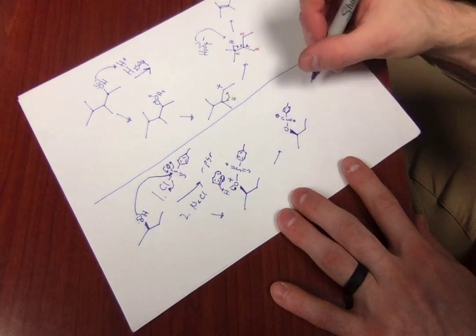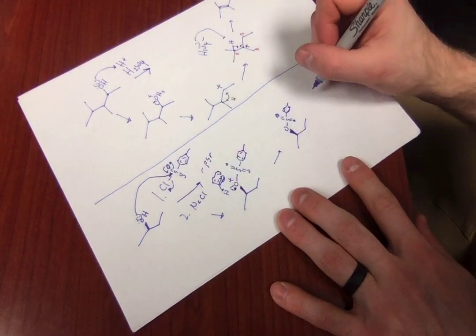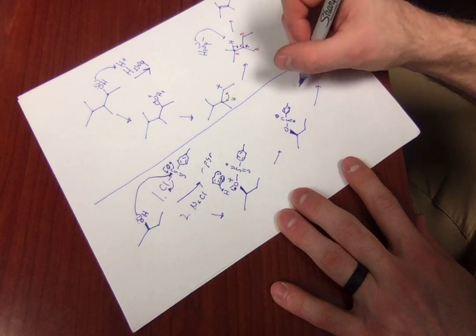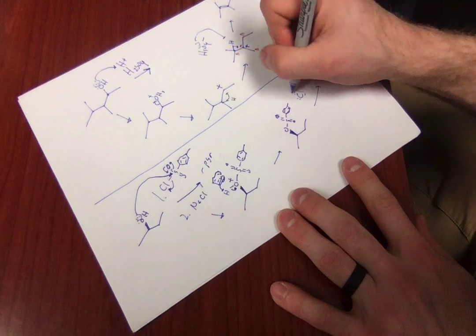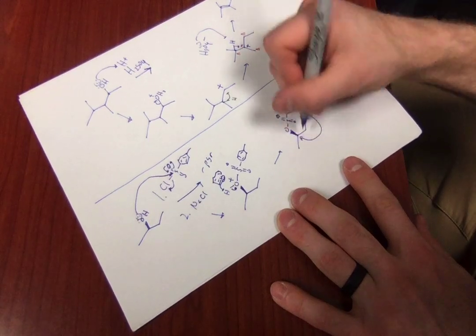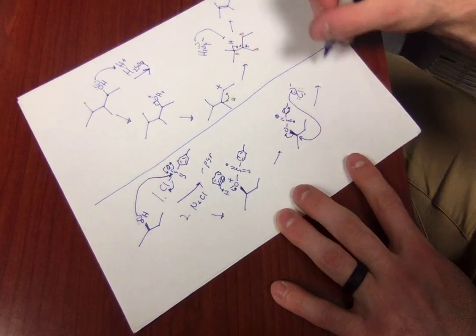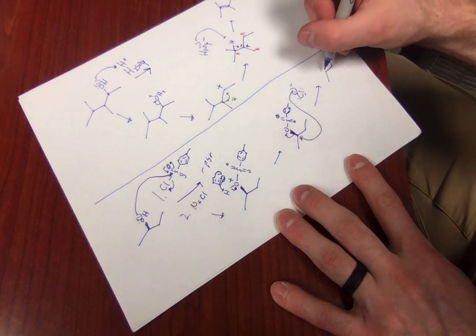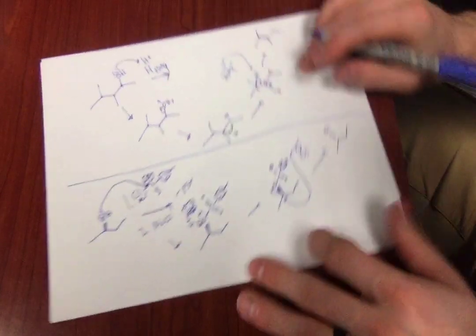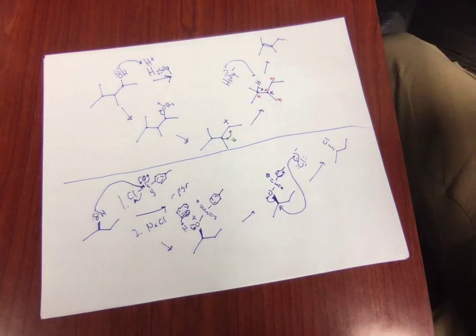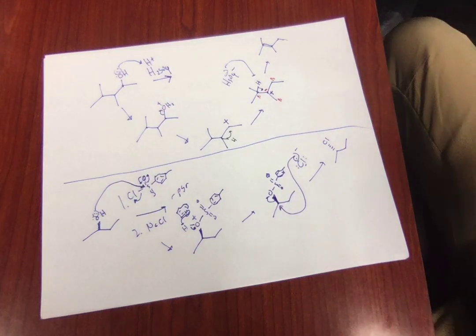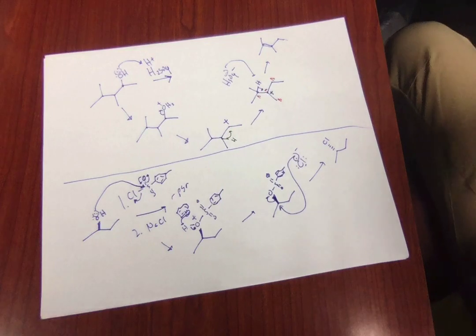Now if we add NaCl, we can build up a higher amount of Cl than would be released by the tosyl. Do a nucleophilic attack here and get our chlorinated product. So this allows us to do SN2 with an OH.